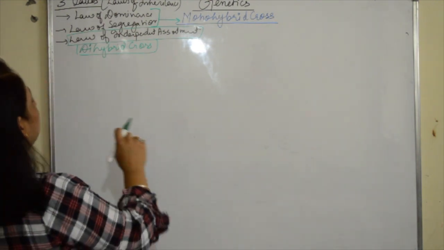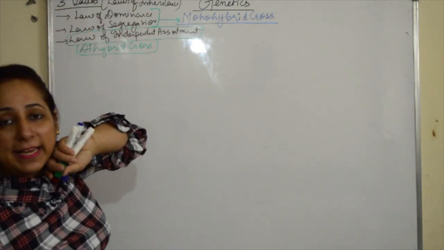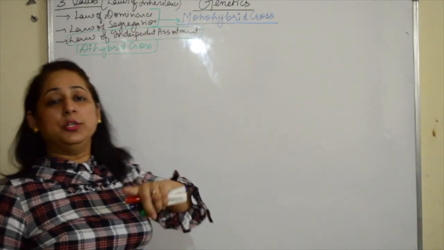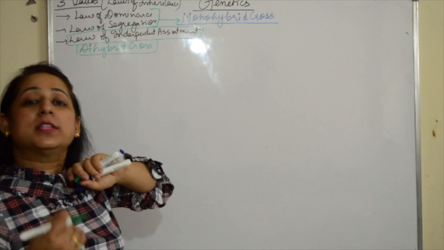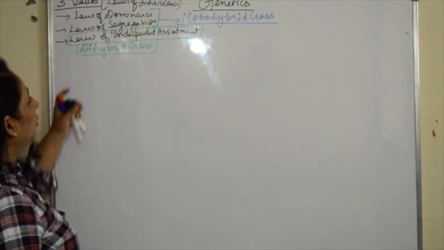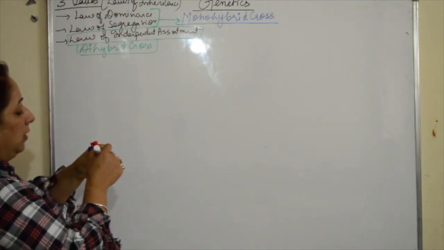Fine. So for these 2 laws, first we'll make the cross and then I'll tell you how it explains these 2 laws and what these 2 laws mean. Fine. So we'll do it at the end of the video.